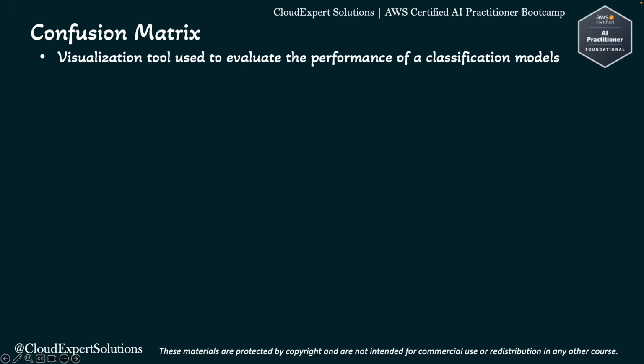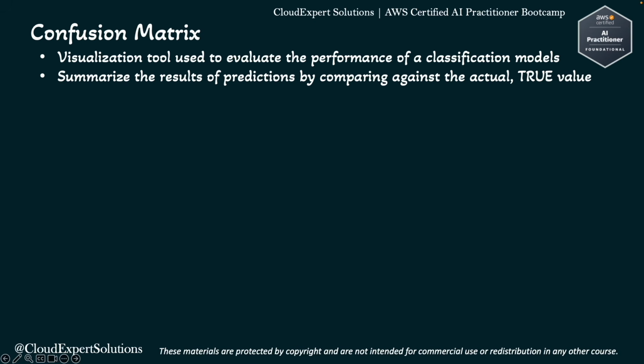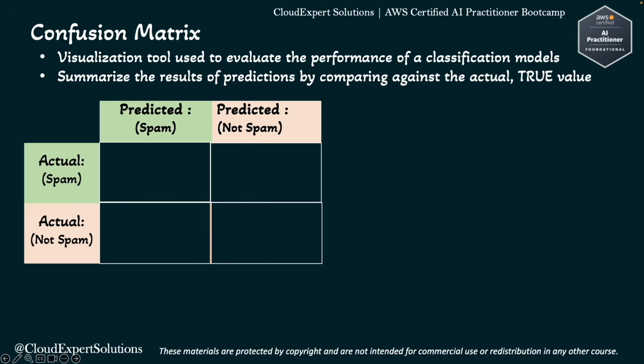A confusion matrix is a visualization tool used to evaluate the performance of a classification model in machine learning. It summarizes the results of predictions by comparing them against the actual or true values. The confusion matrix is represented in a tabular format, and the table shows the number of correct and incorrect predictions for each class.